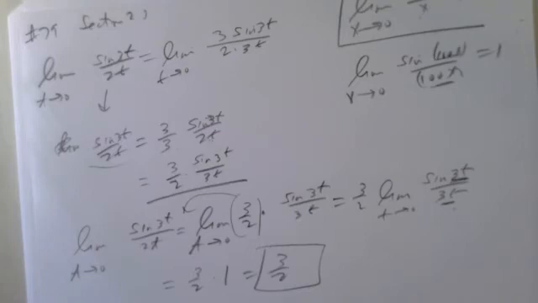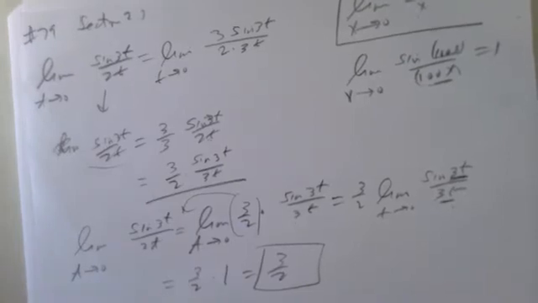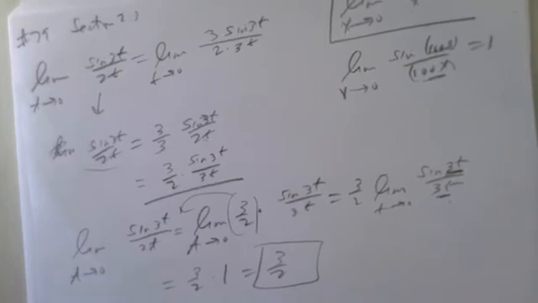I just take out the 3 over 2 outside and sine t over t. Is that correct? So what you said was you wrote 2t as 2/3 times 3t. Yeah, no, 3 over 2 times sine t over t. Is that correct? No.